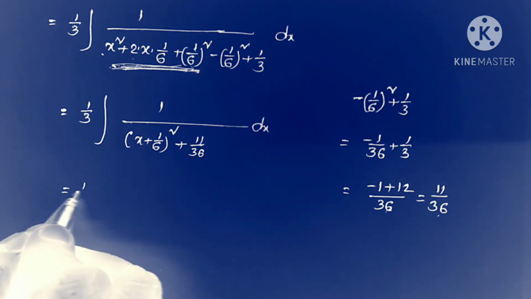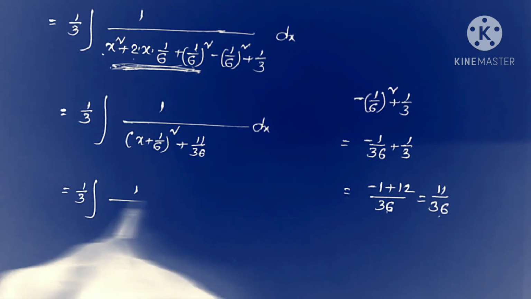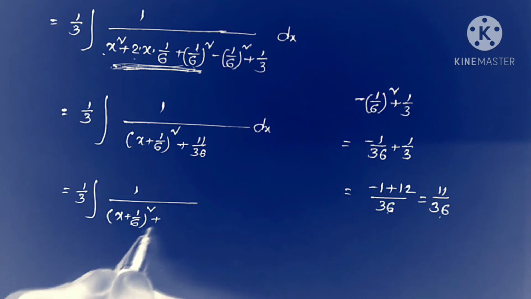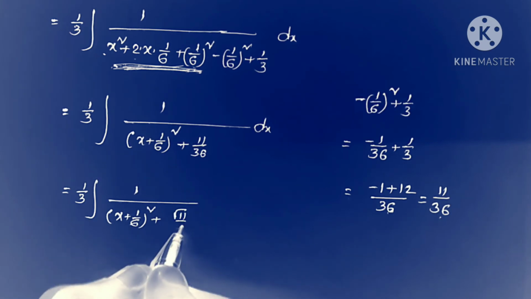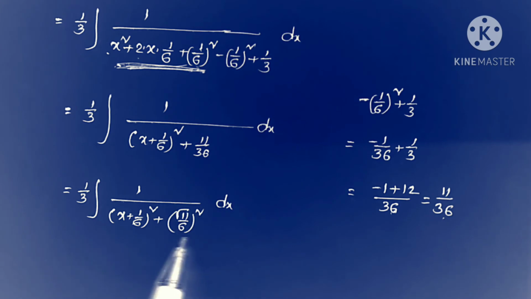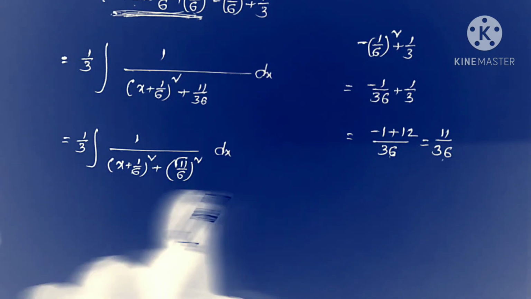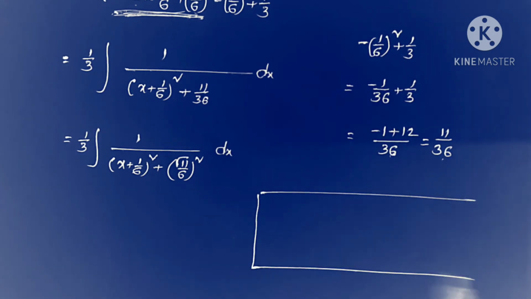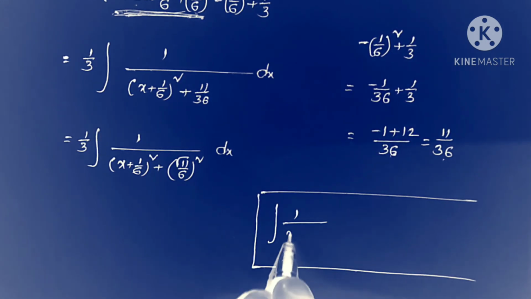So this is equal to 1 by 3 integral 1 by (x plus 1 by 6) whole square plus (root 11 by 6) whole square into dx. 11 by 36 is nothing but (root 11 by 6) whole square. Clearly this is in the form of 1 by x square plus a square. And what is the formula for 1 by x square plus a square?